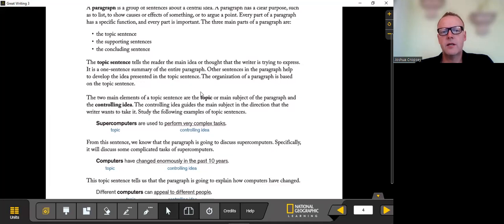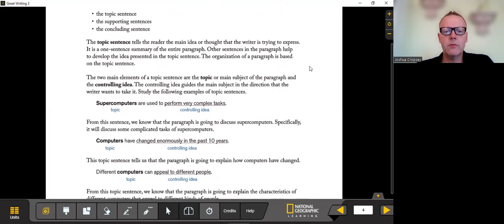The topic sentence tells the reader the main idea or thought that the writer is trying to express. It is a one-sentence summary of the entire paragraph. Other sentences in the paragraph help to develop the idea presented in the topic sentence. The organization of a paragraph is based on the topic sentence.